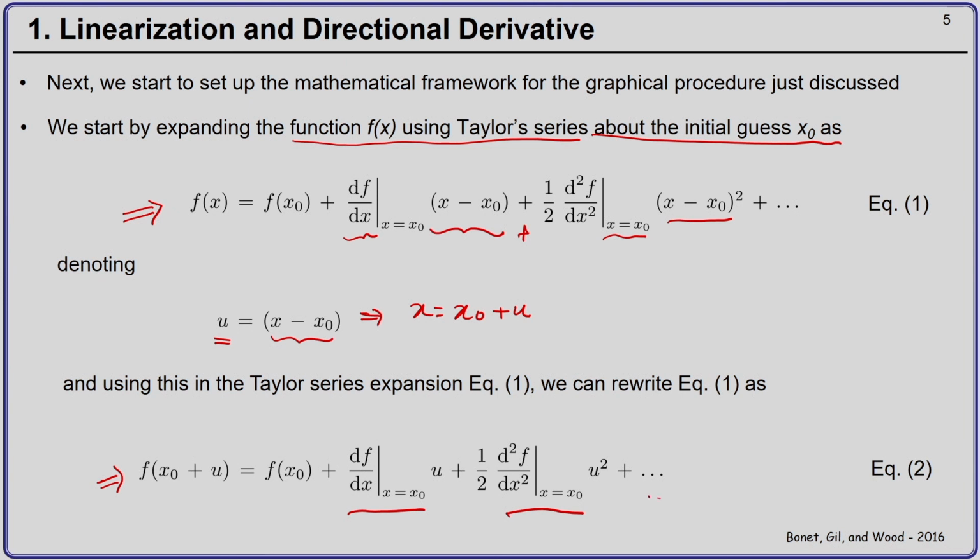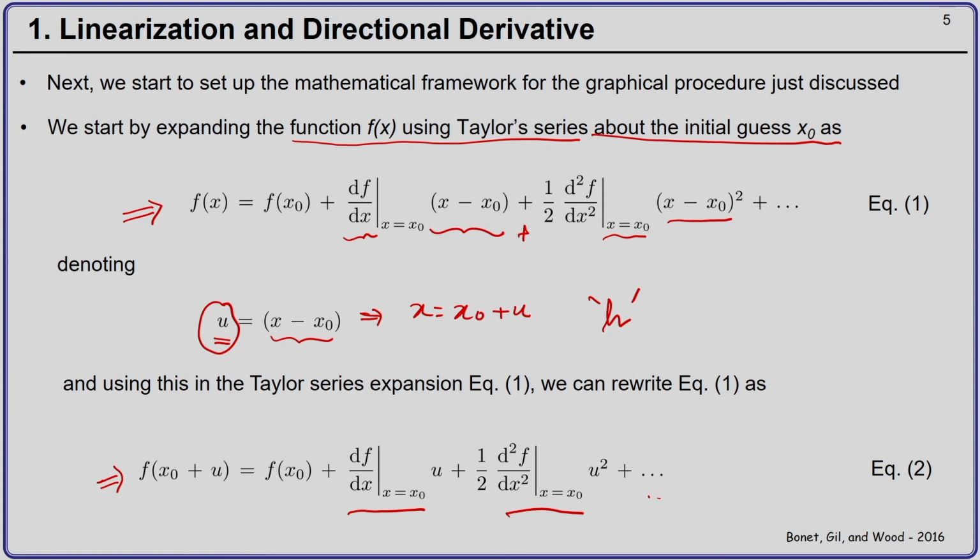Now, the question you might raise at this point is why we have chosen this symbol u. In undergraduate books on numerical analysis, mostly the symbol h is used, but we have specifically chosen u because, as we move on in this course, u will come to signify displacements.